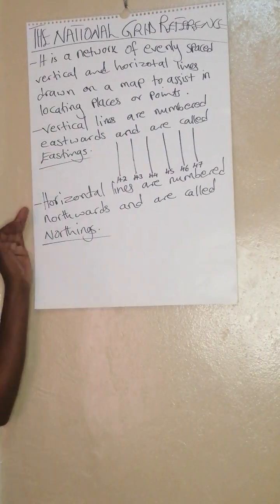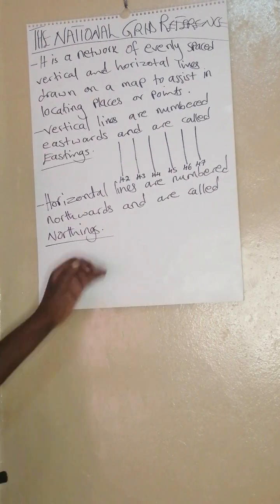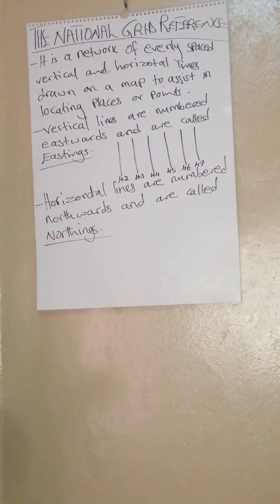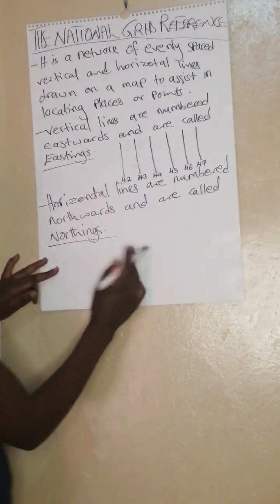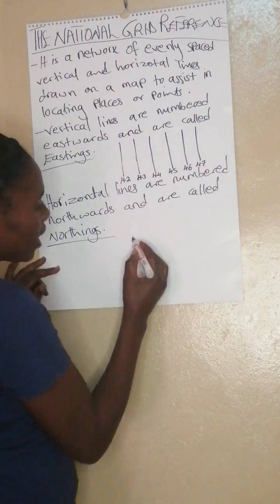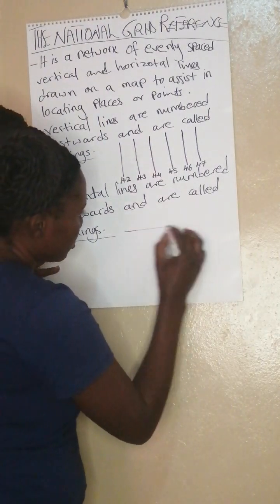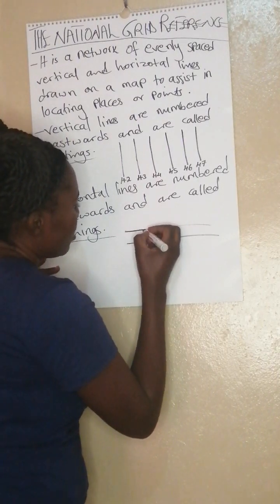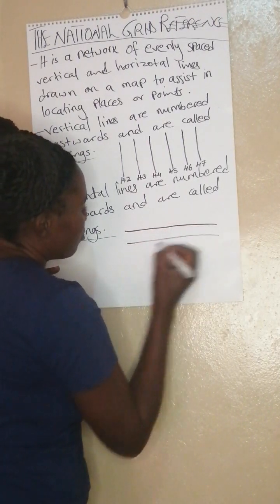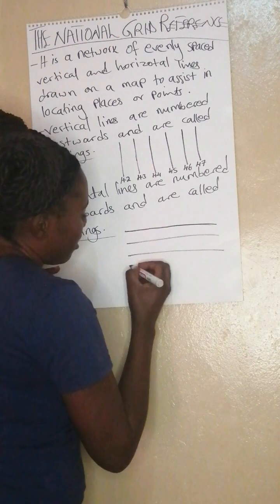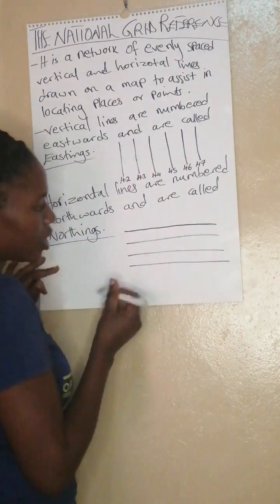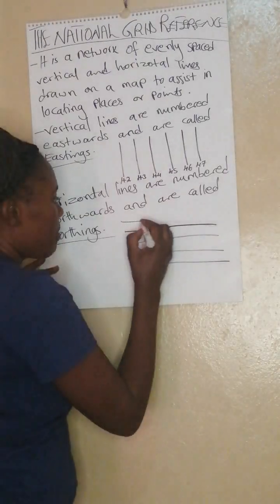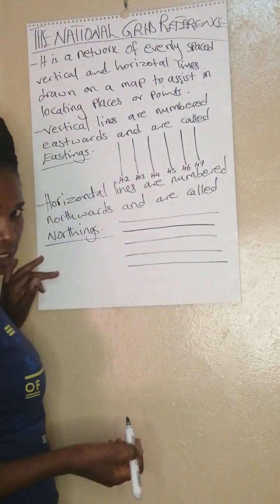Then we have horizontal lines, which are numbered northwards and are called northings. These lines are horizontal, drawn from right to left or left to right, like that. They are numbered northwards.